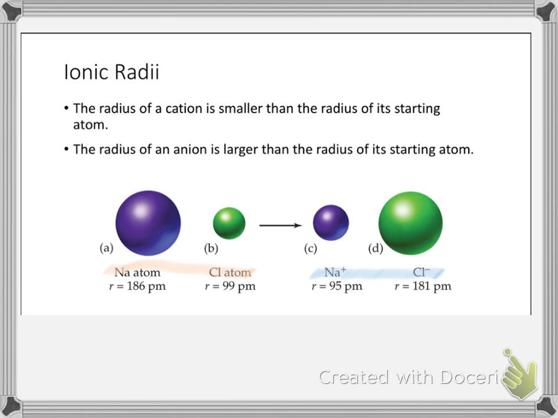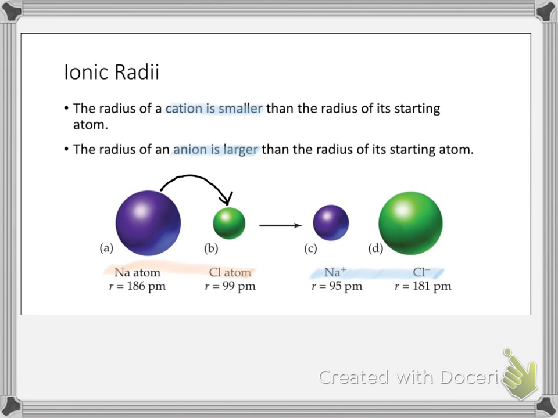And so really what is happening is the electron from the sodium is being lost, but it's being transferred over to the chlorine atom. And so what you'll notice is when the atom loses an electron, the cation becomes smaller. And when an atom gains an electron, the ion is larger.